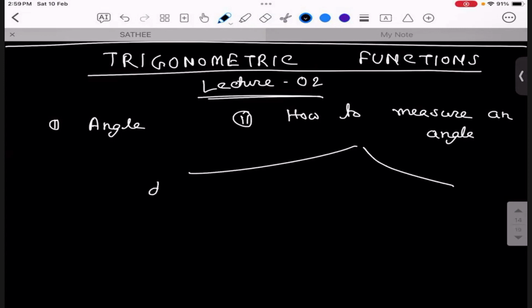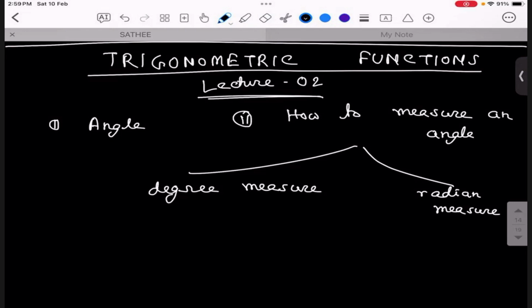One is degree measure and another is radian measure. Degree measure was nothing but we just divided the complete revolution of a ray into 360 equal parts, and each part was called a degree.